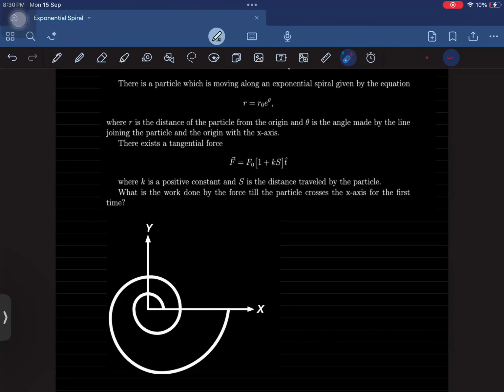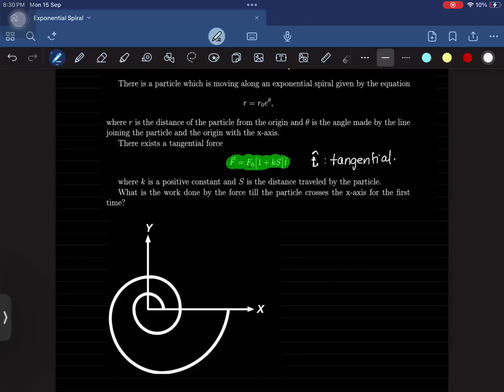Herein a tangential force is given. The tangential force is F equal to F naught times 1 plus Ks, times tau, where tau is the tangential vector, the vector in the tangential direction. It is a tangential force.